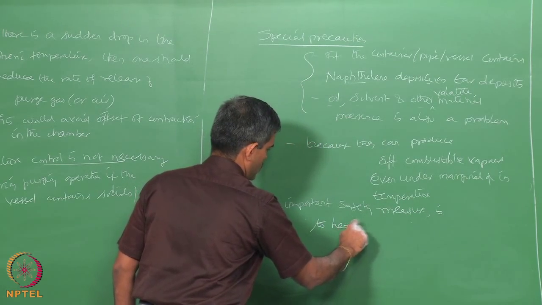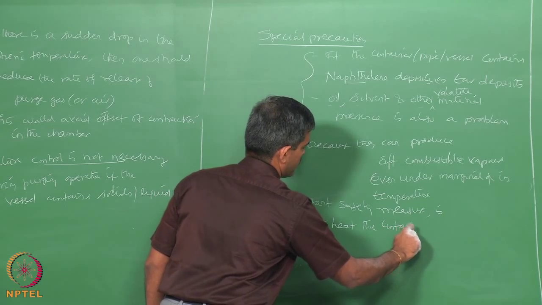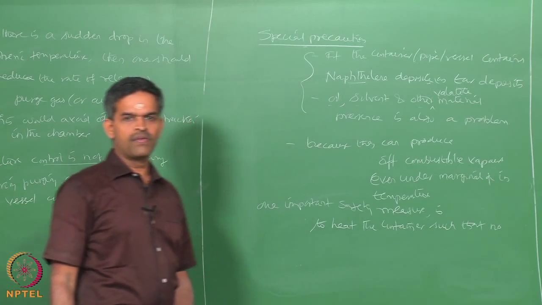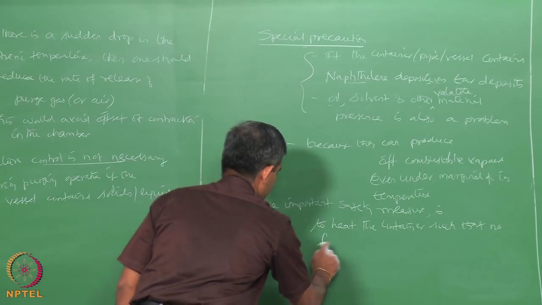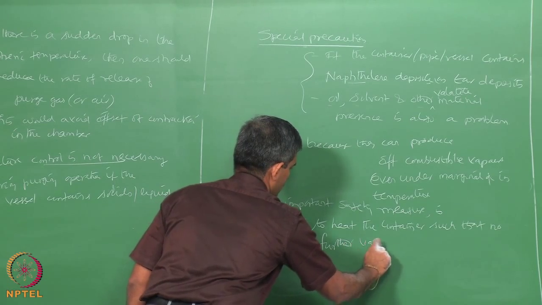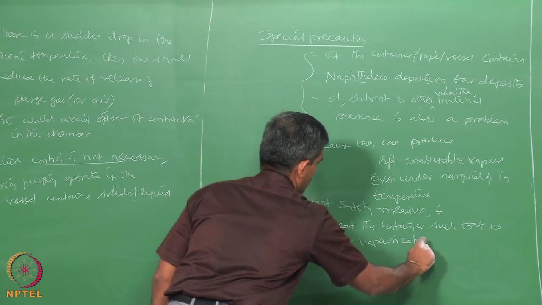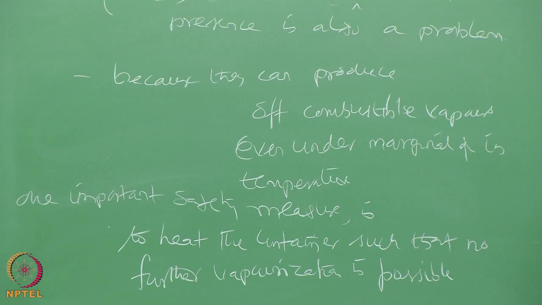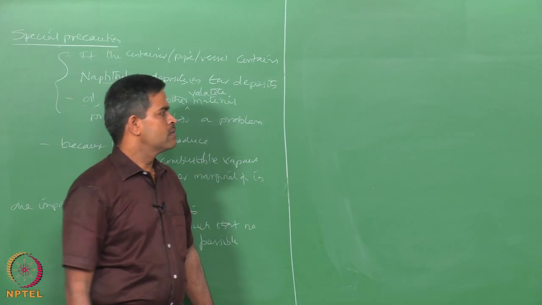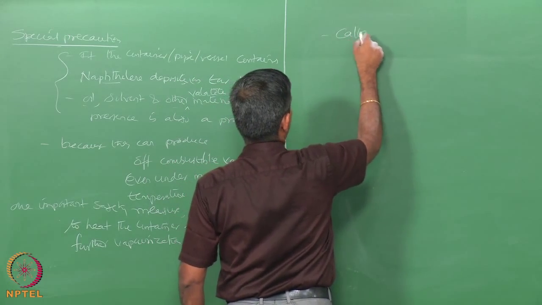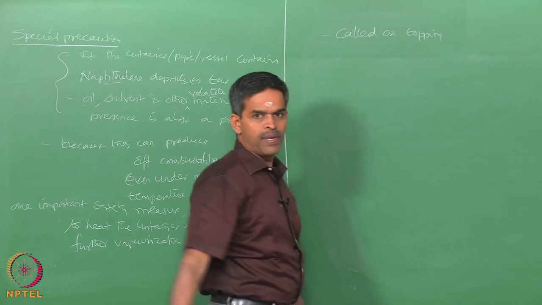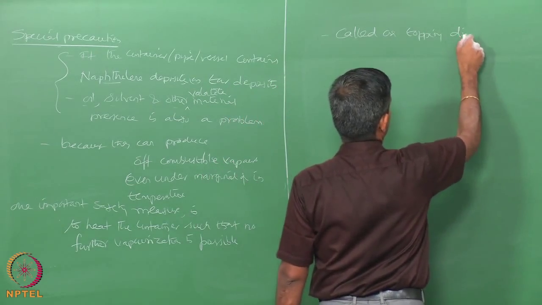when you are purging vessels or pipes having these kind of deposits is to heat the container such that no further vaporization is possible. This is called topping distillation of deposits.